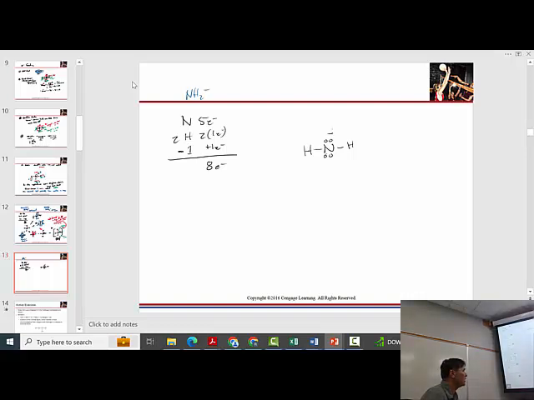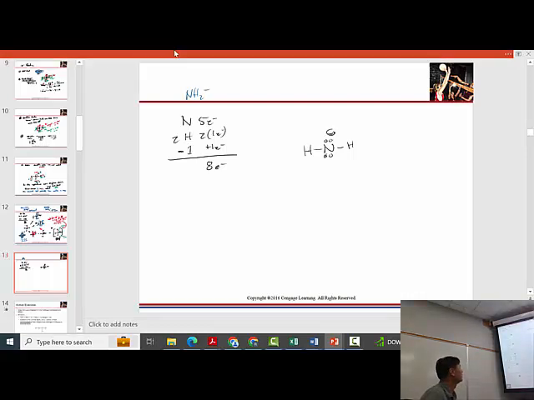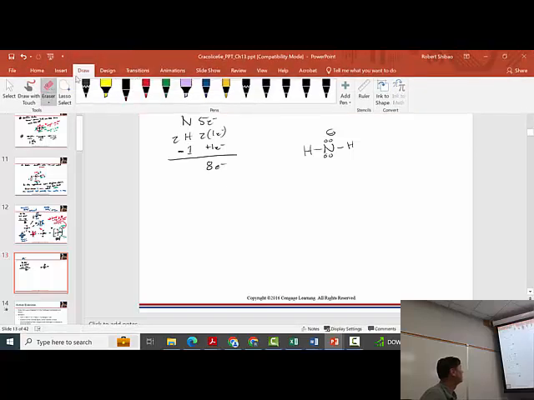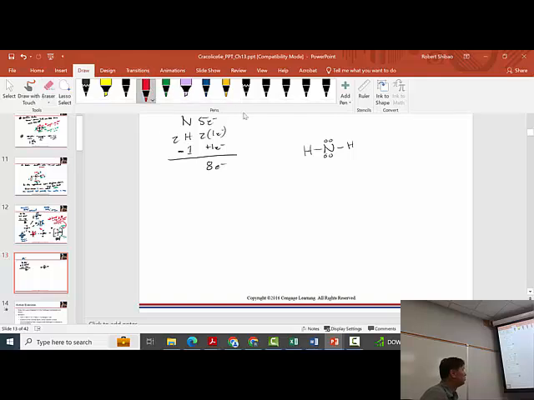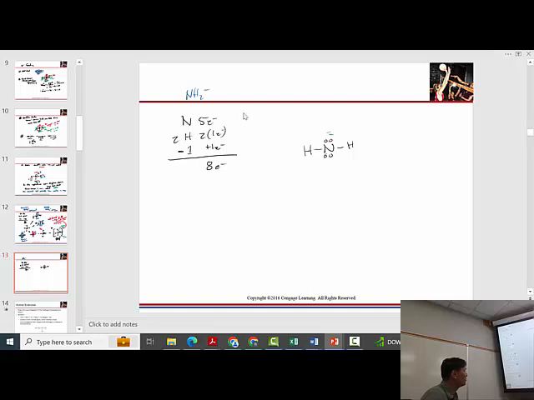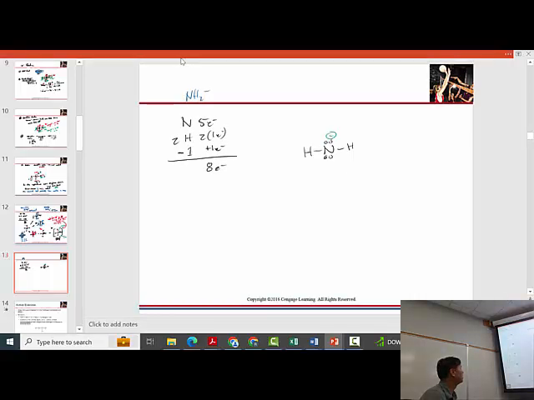So the formal charge is negative. Actually, let's do a different color. For hydrogen, the formal charge would be 0. So we have a negative charge on the nitrogen. That's for sure. How about the oxidation state?